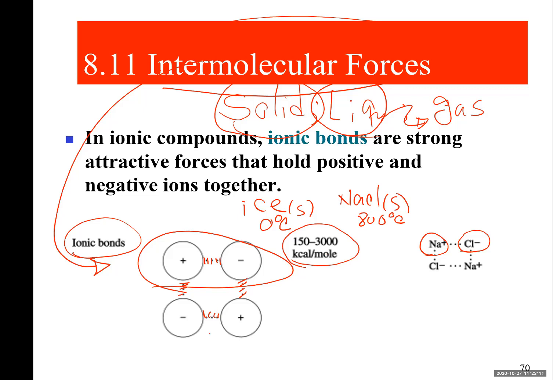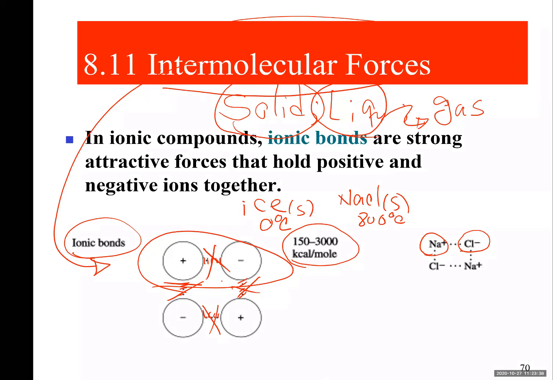We should break this bond, this bond, this bond, this bond. So molecules of sodium chloride ions are free to move around each other, because in solid, molecules are not free to move. They may oscillate, but they are not free to move. In molten sodium chloride, in liquid water, molecules are moving around each other. Although they are in contact together, but they go around each other.